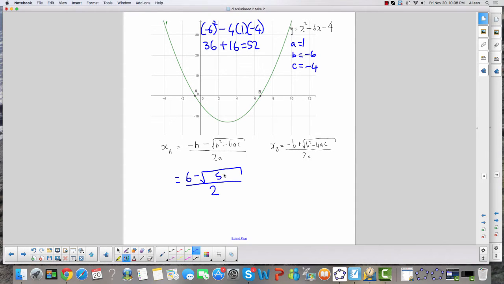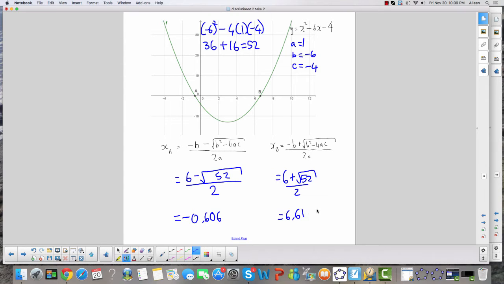So we have 6 minus root 52 all over 2, and that gives us -0.606. And over here we have 6 plus the square root of 52 all divided by 2, and that gives us 6.61.